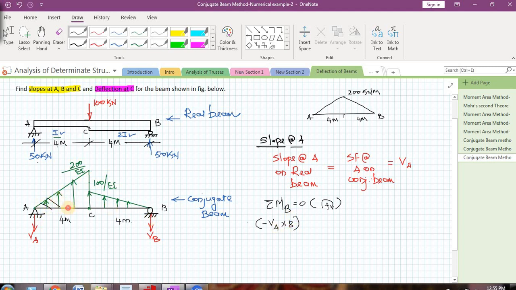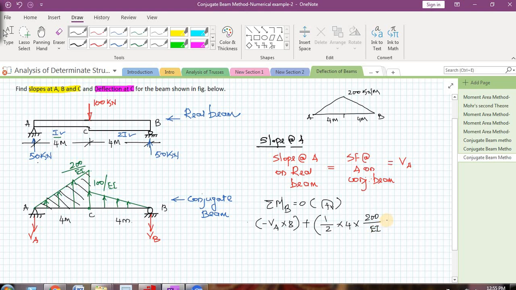Now let me consider this triangular part of the load. That triangular part of the load at B is actually causing a positive bending moment, so I should write it as plus half of base is 4 and height is 200 divided by EI.